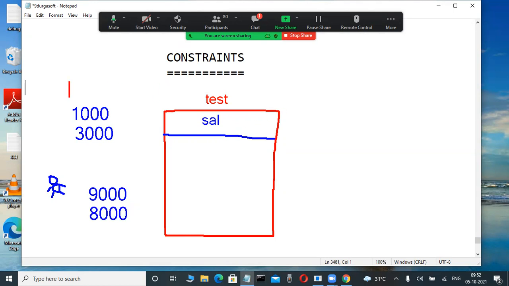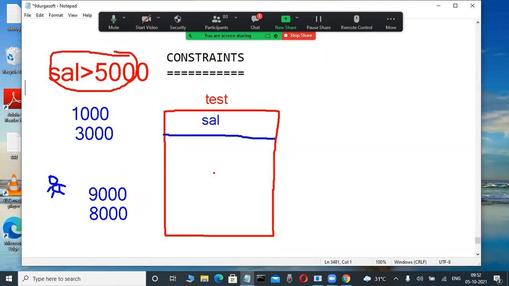I want to insert only per the project requirement: the employees who are getting more than 5,000 salary. Those salaries only I want to store in this database. Salaries like 9,000 and 8,000 only I want to allow into the database. The remaining salaries I don't want to store. For example, a small thing only.